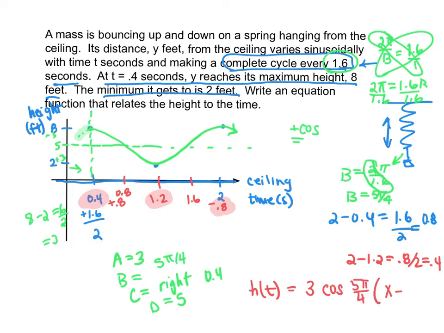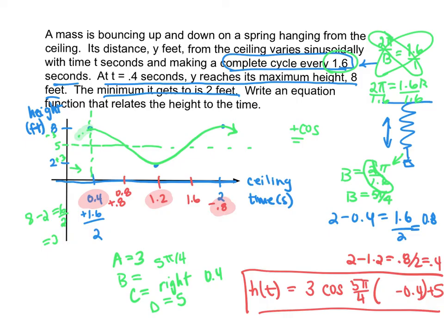My x is x minus 0.4, and then I'm going to add to it my d value, which is 5. And the only thing I'm going to do is change my x because I was doing this in terms of t. So I'm going to change my x value here to a t. Again, I don't care if you use t or if you use x and f of x, but this is what your answer should be. What I do care about is that you write that way instead of that way.